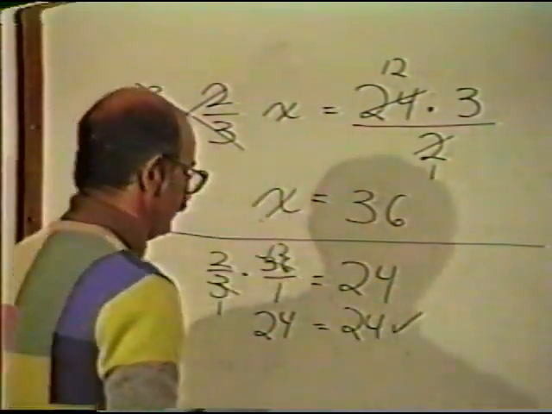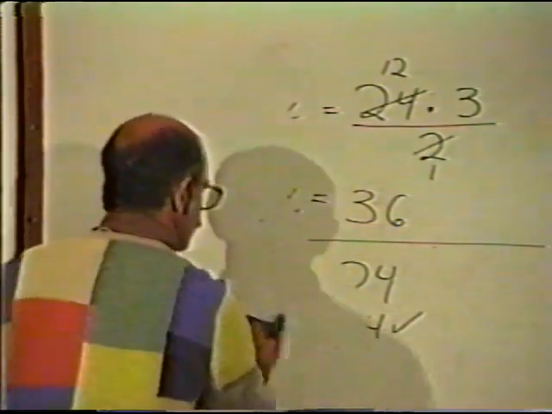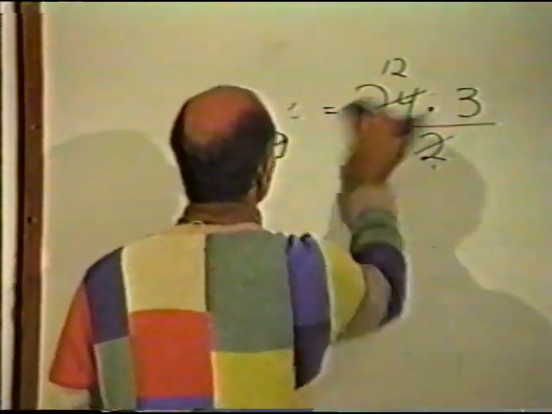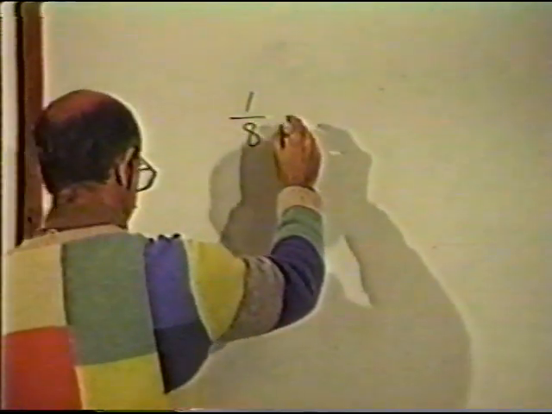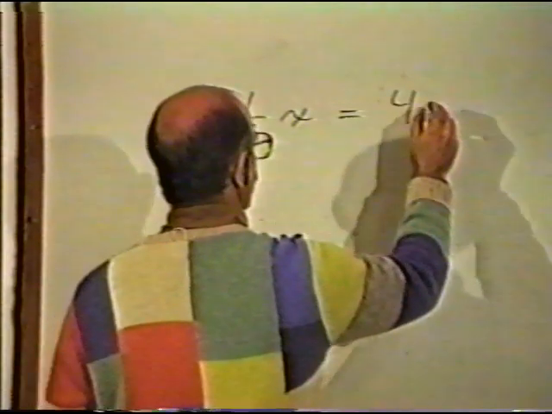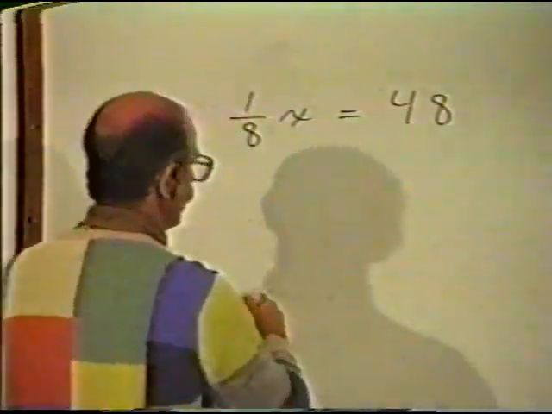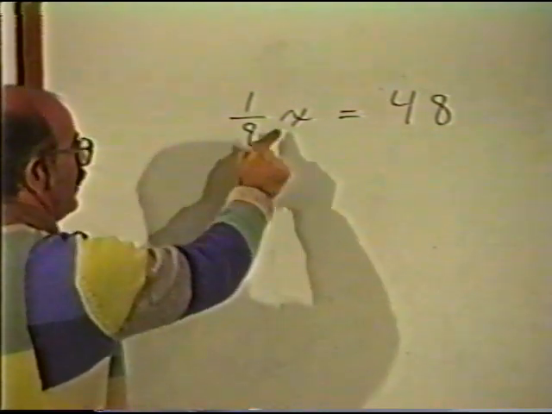Let's do another one just like it. One-eighth of x is 48. Again, we have a fraction in front of the x.